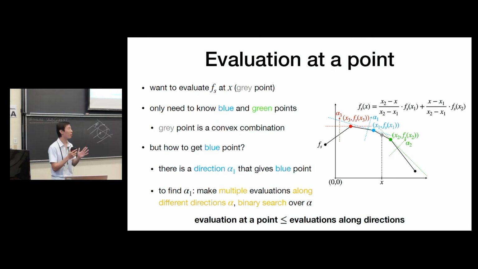So we just want to find that direction. How to find that direction? We binary search over the direction, making many queries along directions, until one of them gives us precisely the blue point. So the point here is one query at a point reduces to many queries along directions.